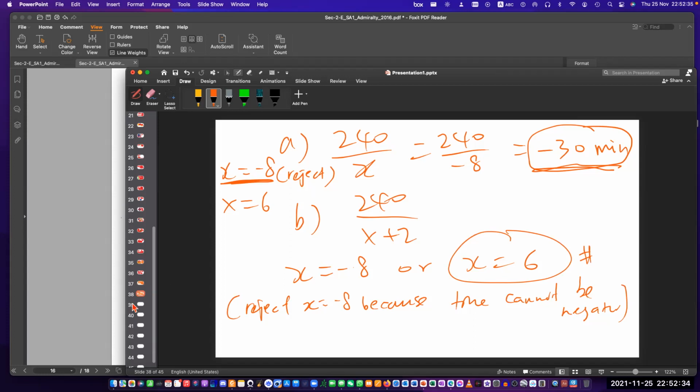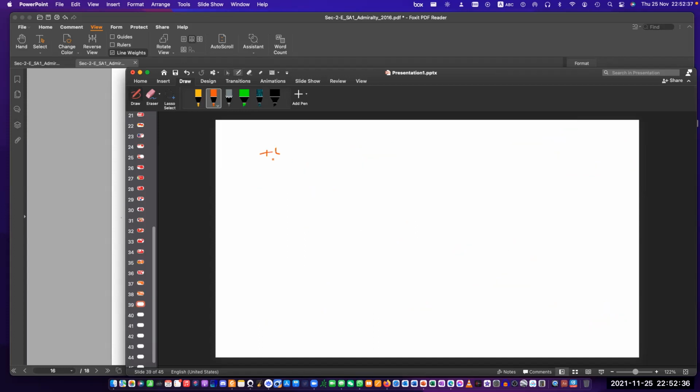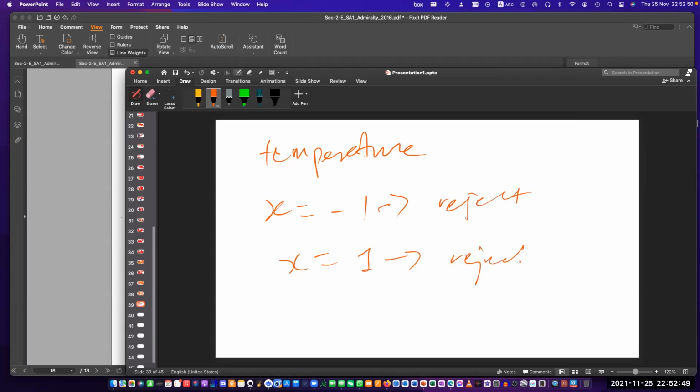So can I ask, if we are talking about temperature, and your answer is X equals to -1, X equals to 1. Do you need to reject any of this? Why not? Because temperature can be negative. Correct. So temperature can be negative, so you don't reject at all.